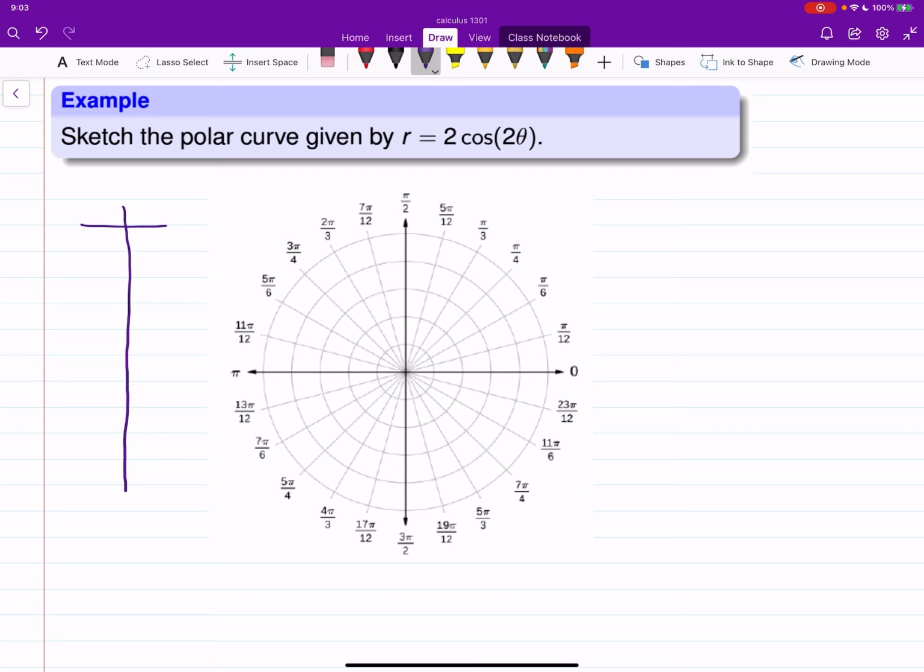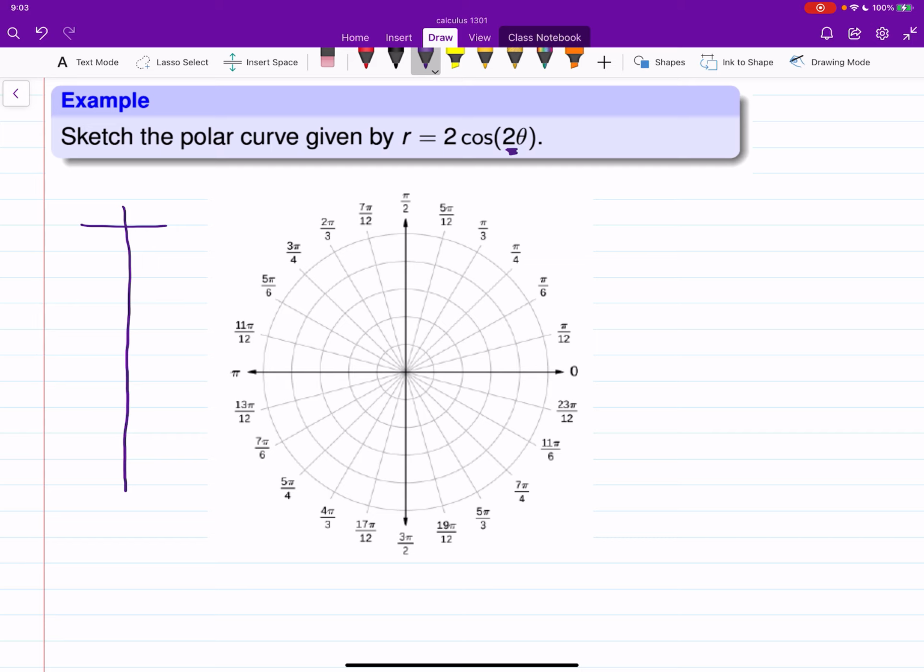Recall that if this was just 2 cosine theta, that's just a circle. But now there is a multiple of theta inside cosine, and you will see that that would change the story quite a bit.